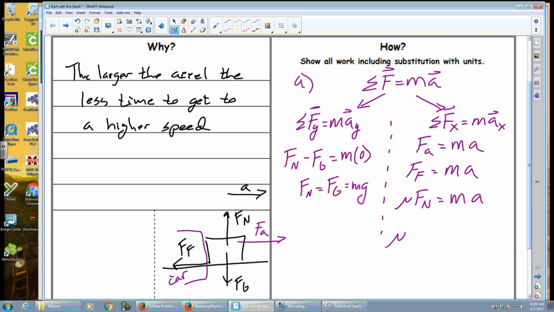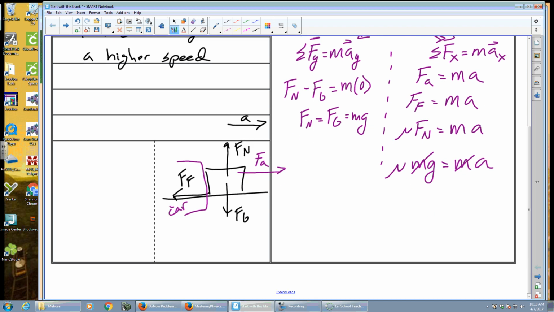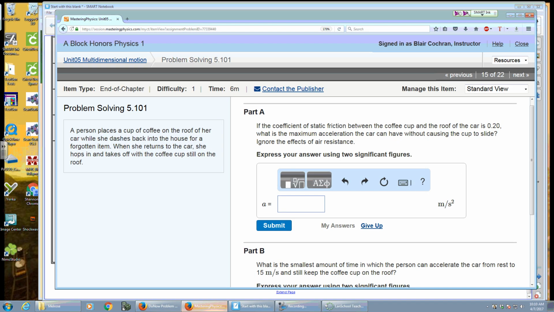So I end up with mu mg equals ma. Oh, the m's cancel out. That's good, isn't it? Because do they tell me the mass? No. Whew. Thank goodness it canceled out. Otherwise, we couldn't have done the problem.